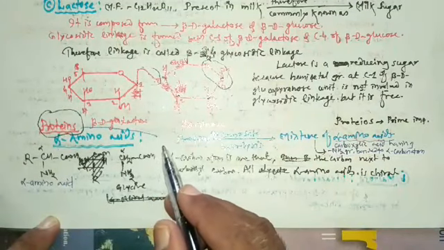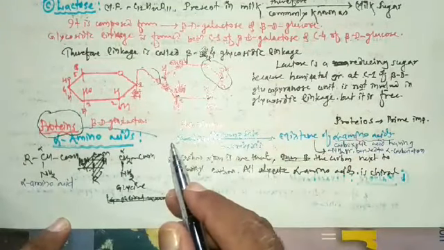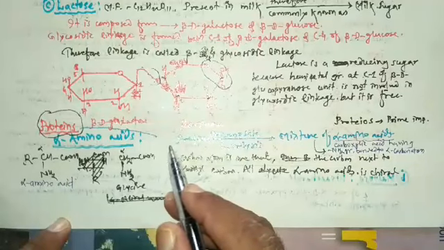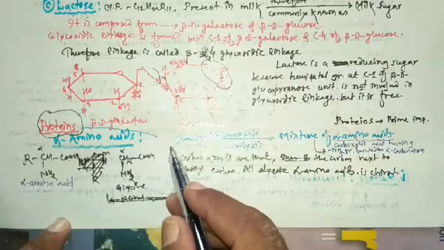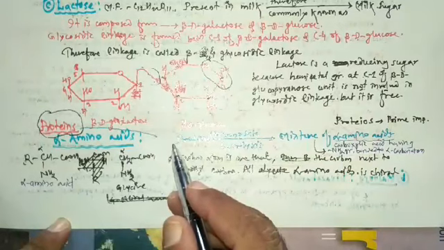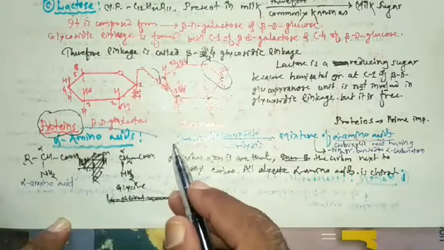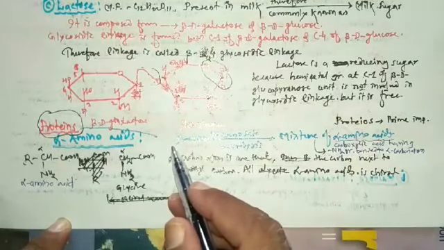Chemically, proteins are polyamides, which are high molecular weight polymers of a monomer unit called alpha amino acids.